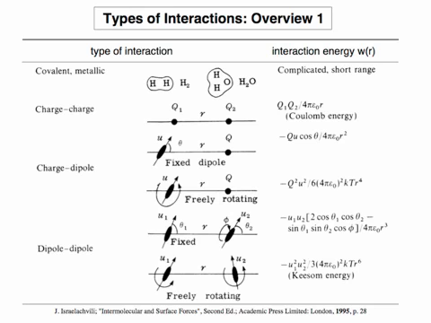If I have a fixed dipole, which means a dipole that cannot rotate, and a charge, you see that it scales with 1 over r to the power 2. So that's not a van der Waals type of interaction. If you have a freely rotating dipole and a fixed charge, it scales with 1 over r to the power 4. So that one doesn't count as a van der Waals contribution either.